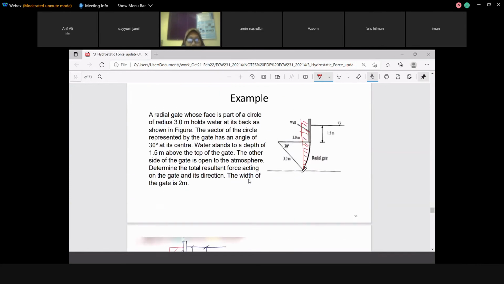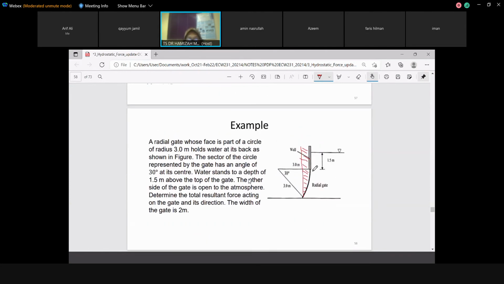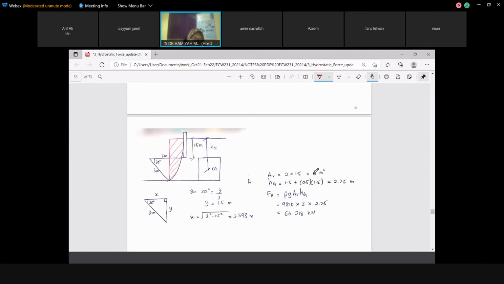Okay, so we find the HG first. The first step, HG adalah tinggi gate. We don't know the tinggi, so kena find using sign. Okay, X ni tak tahu. 3 dekat hypotenuse. So we use sign. So you get the Y, ketinggian curve gate.